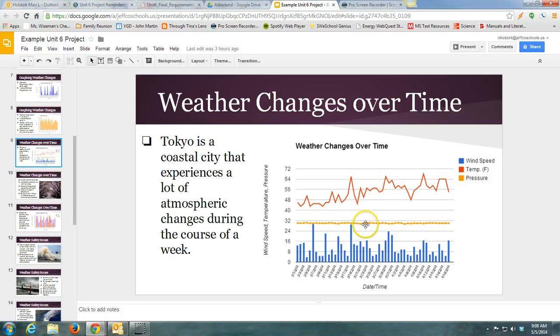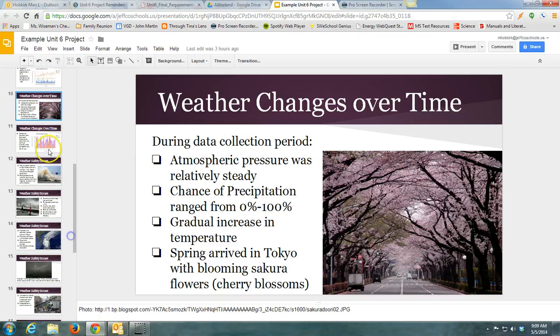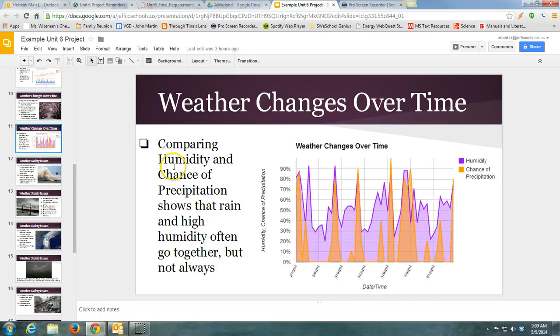With pressure, because it was so close to 30 all the time, you're not seeing a big change, but it is interesting to look at the dips that go together. Then she talked about that. That was part of her analysis questions. Again, this is a great graph because she could put two things together.